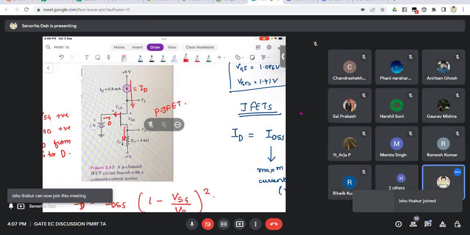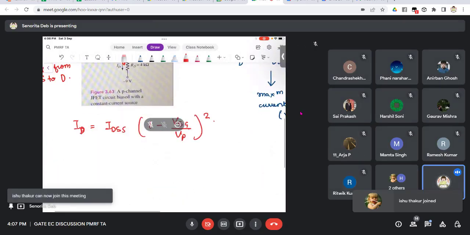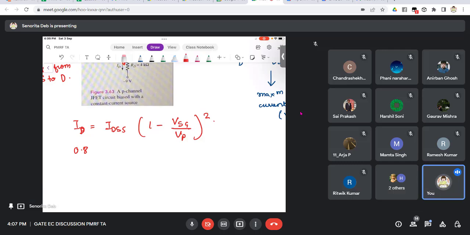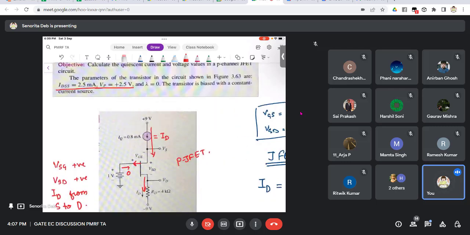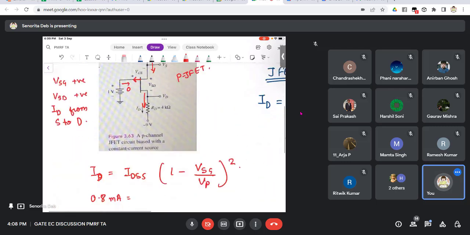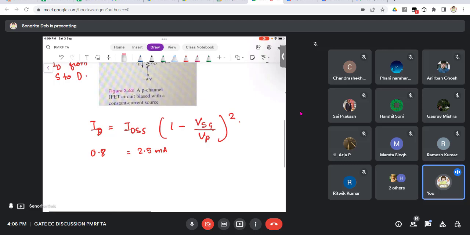So ID will be 0.8 milliampere, and I had told you that you need not change all these units. Suppose this is in milliampere and you have IDSS which is also in milliamperes. So you need not worry about the units here. You can directly write 0.8 and 2.5.